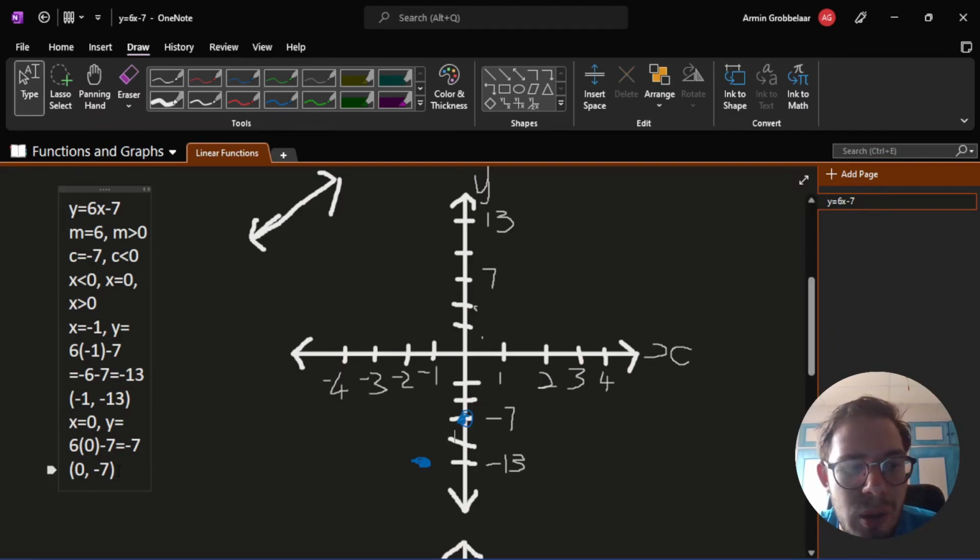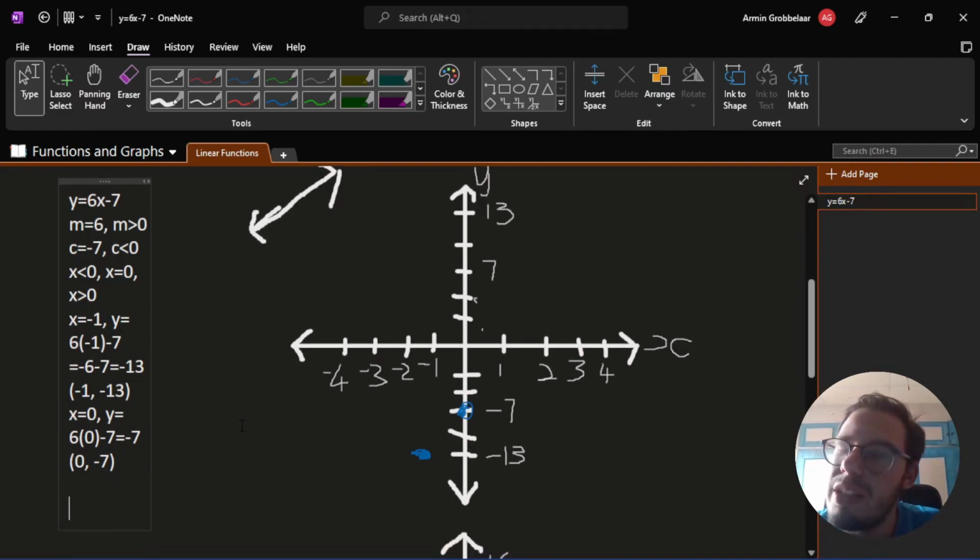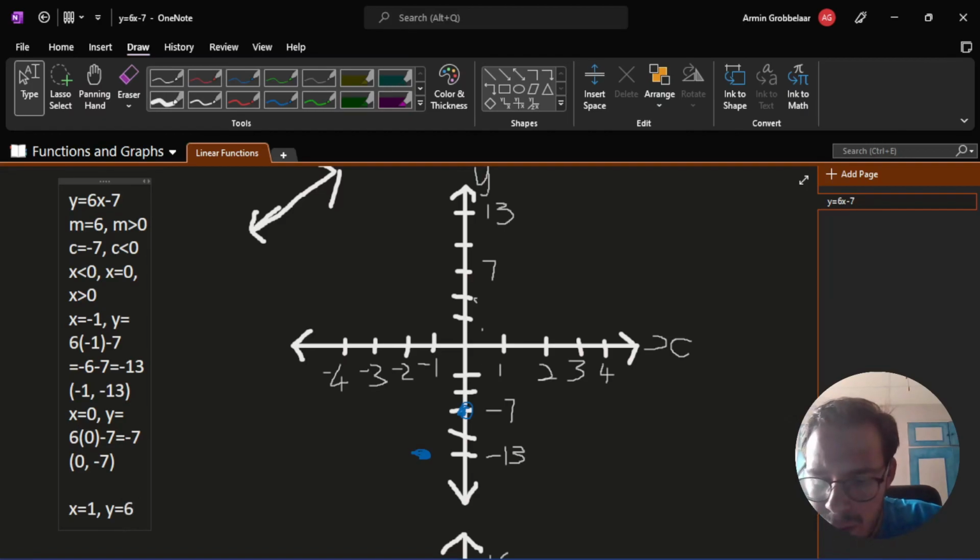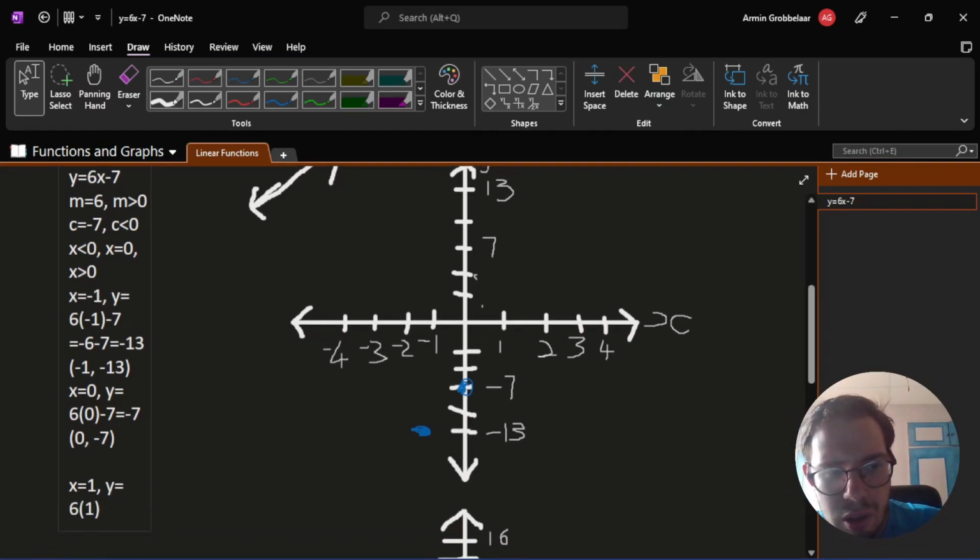Then for our final point, we need to choose an x greater than 0. So you can take any one, you can take 1, 2, 3, 4. But just to keep it easy, I'm going to take x equal to 1. So that means y is equal to 6 times 1 minus 7.